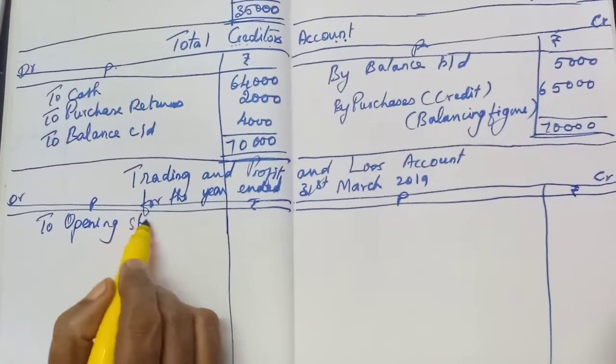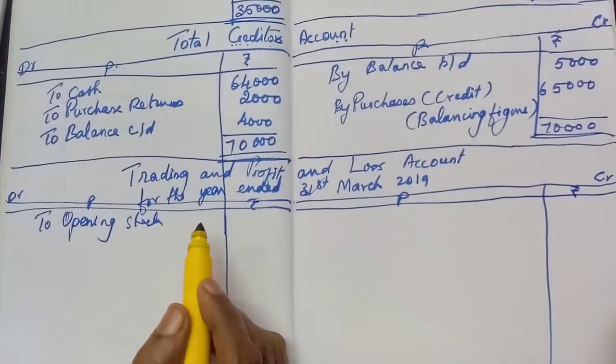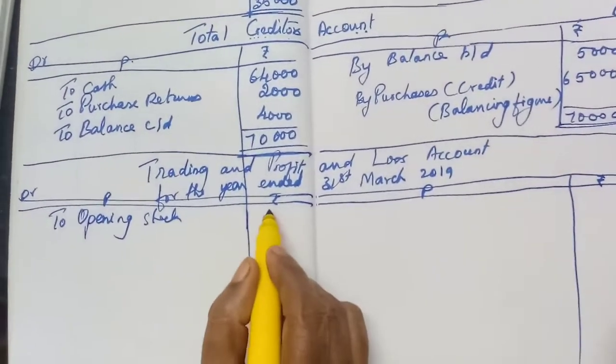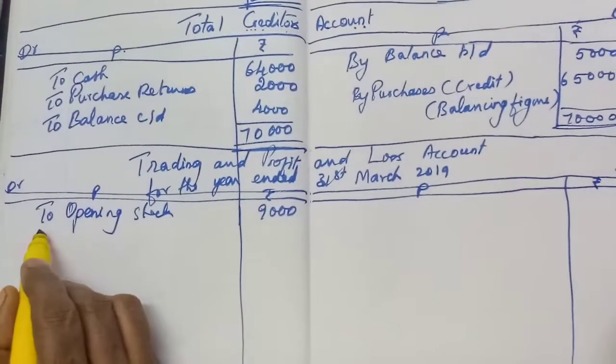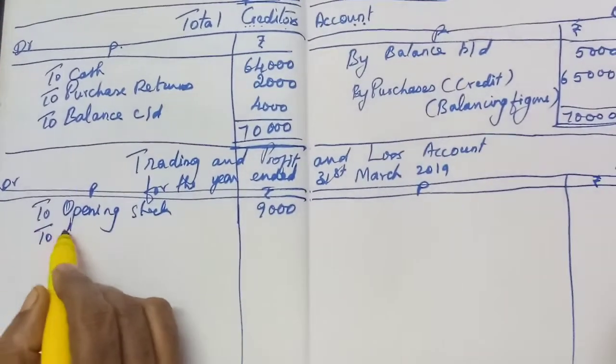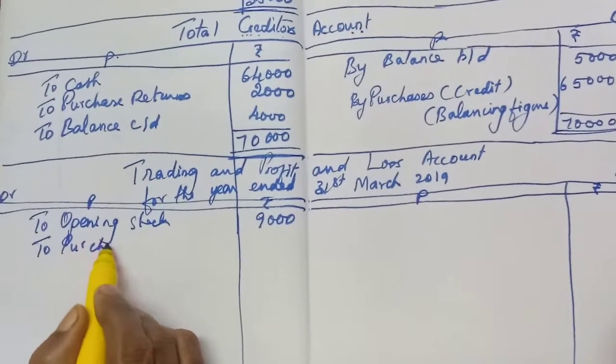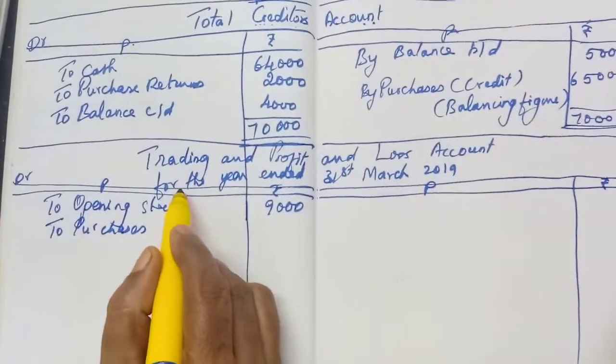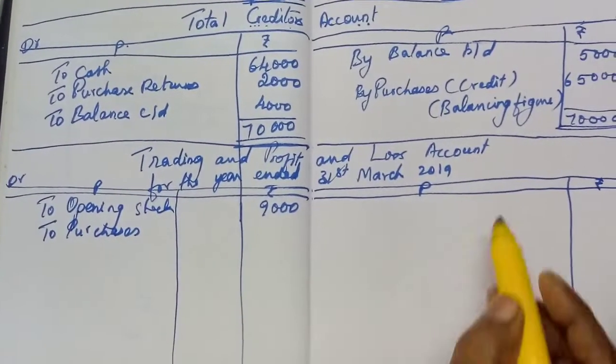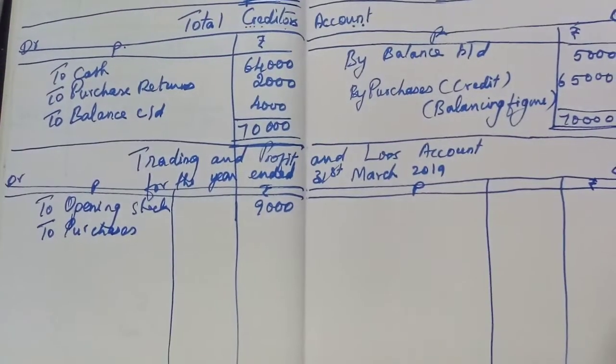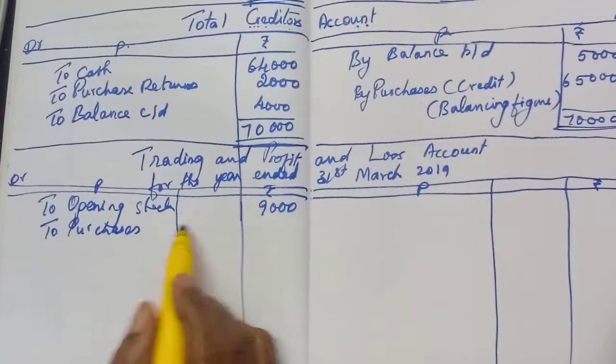Stock is given in the tabular column, isn't it? Opening stock 9,000. To purchases. Which purchases given? Here one more, because we have to do some adjustments. We have to deduct the purchase return.